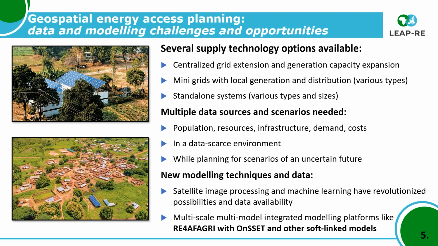Doing this in a very often data-scarce environment and planning for scenarios of a very uncertain future. Gladly, many new modeling techniques and data have become available, including satellite image processing, machine learning, which have revolutionized possibilities and widespread data availability, and multi-scale modern integrated platforms such as the RE4AFAGRi system presented today using Onset and other soft link models.